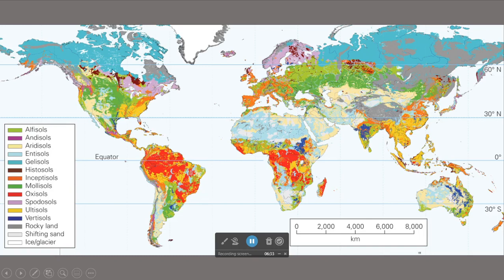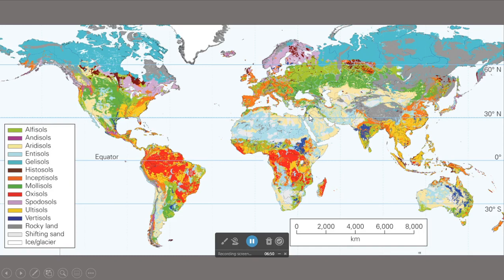And then as you go further north, you can see those gelisols, or that very green color, as well as the gray rocky land. And what you might notice is that those soils change based off of the latitude, or how close you are to the equator. So again, they're really following climate.